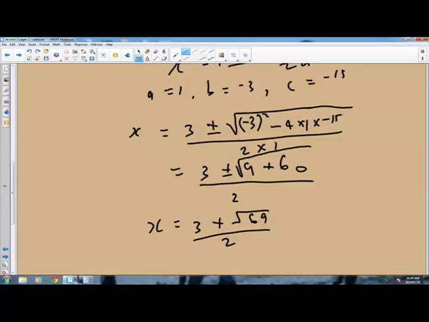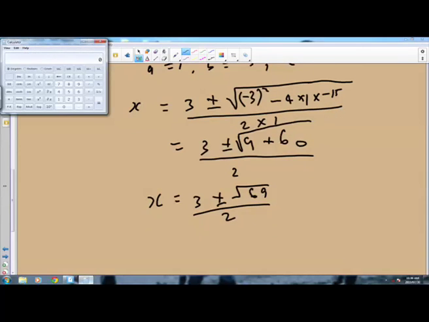And then you can take out your calculator and find out what the square root of 69 is. The square root of 69 is equal to 8.3066. You can just write this correct to 5 SF.